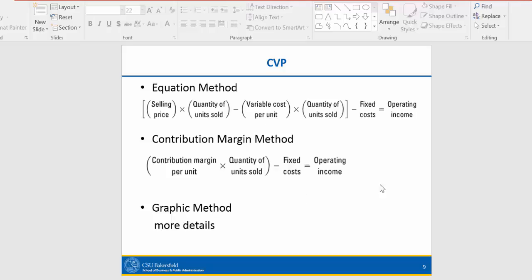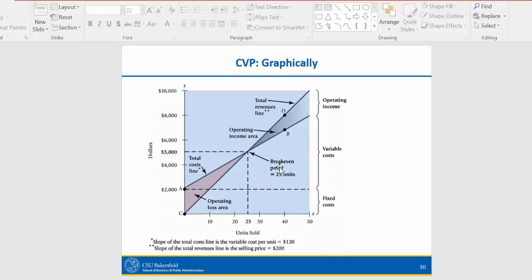Okay, so graphic method, we can look at the following graph. I think this is one you might have seen in some econ class. Okay, so basically you have a revenue line, you have a cost line, then they intersect. The intersection is the break-even point. Okay, so this is a very typical thing.